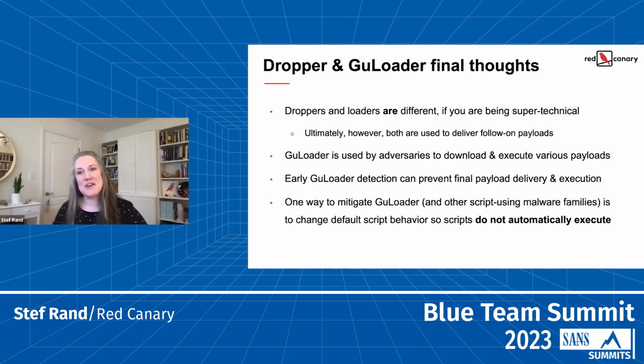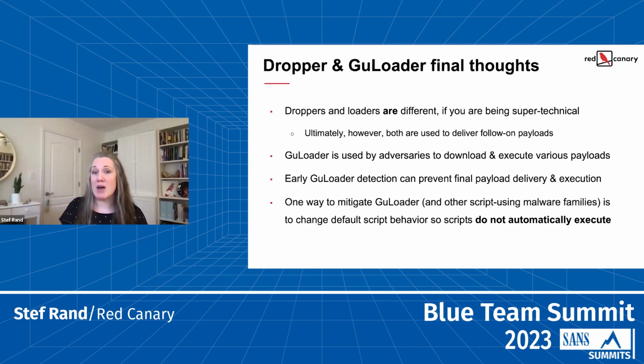So final thoughts on droppers and on Goo Loader. Technically, droppers and loaders are different, but everyone in the industry seems to use the words interchangeably, and both are used to deliver follow-on payloads. So just something to keep in mind, especially if you're newer to cybersecurity, these words are not really used as different things anymore.